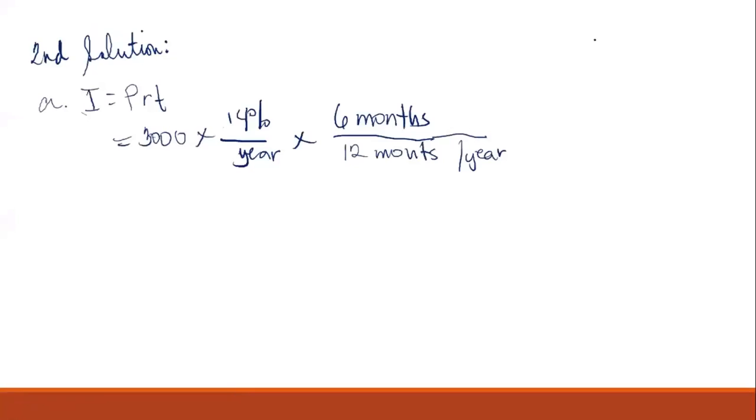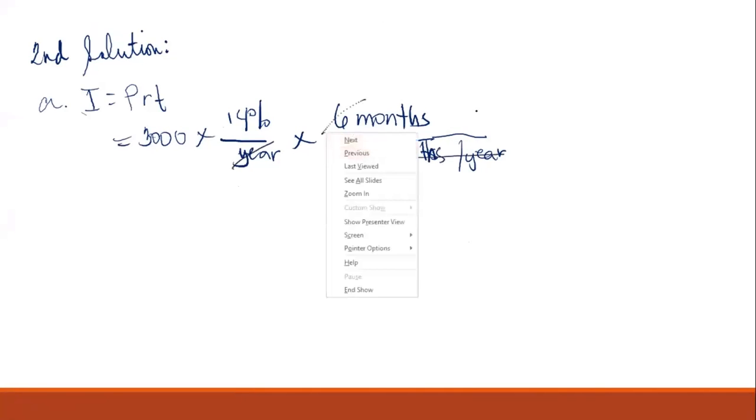So, ito yung second solution natin. Una, hanapin yung interest. Okay? So, we'll use this formula. All you have to do is to substitute the values of our formula. So, 3,000 times 14% times 6 months over 12 months. So, para matanggal lang yun, kaya this is 2.